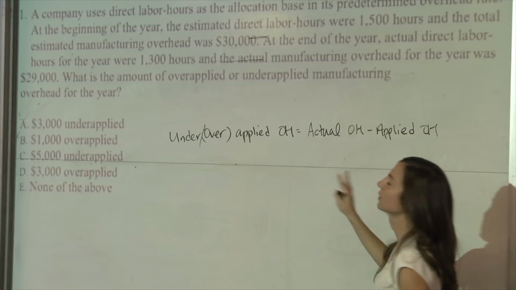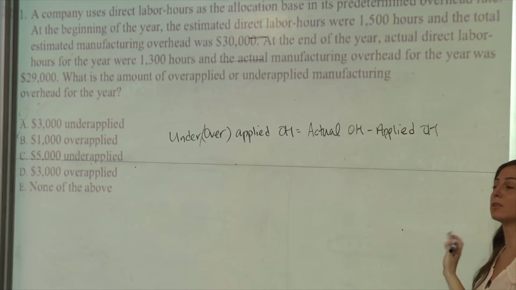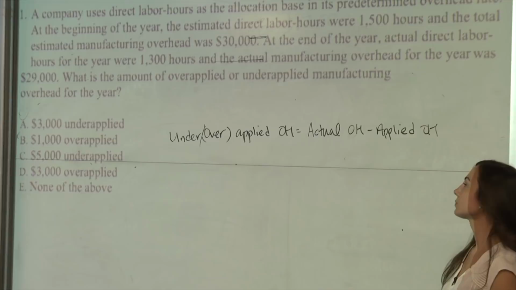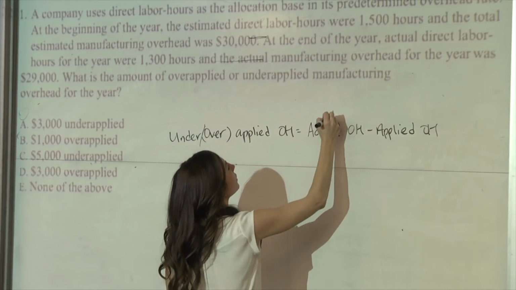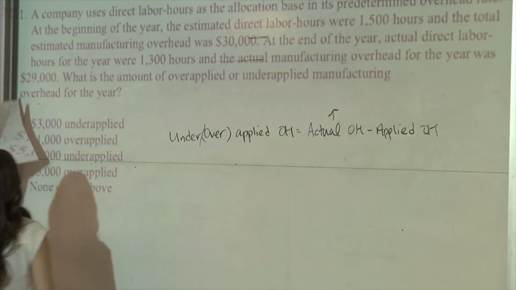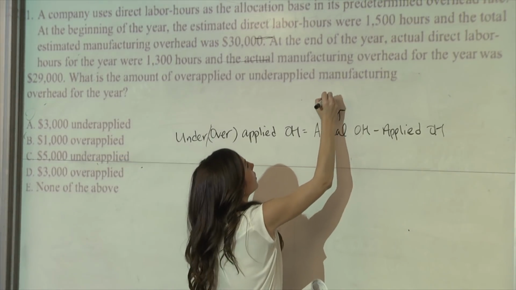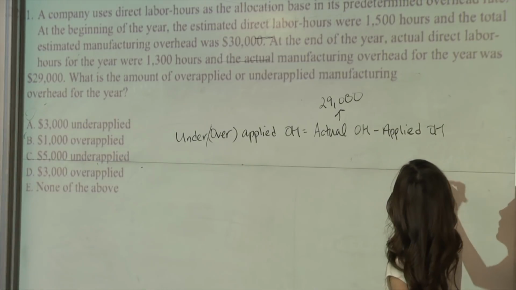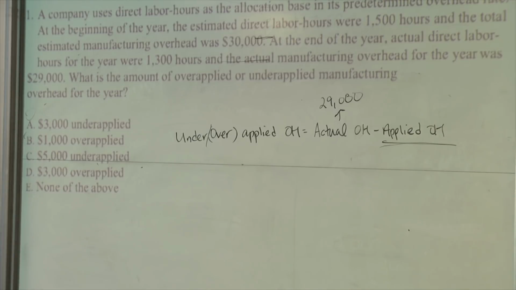So it helps to just lay this out in the beginning because that's ultimately what we're trying to find. Then we can focus on trying to figure out each of these components. Lucky for us, the actual overhead is pretty easy because it's given very explicitly, $29,000. Seeing this allows us to just focus our attention on the applied overhead, and then we're less likely to get confused about what we're doing.